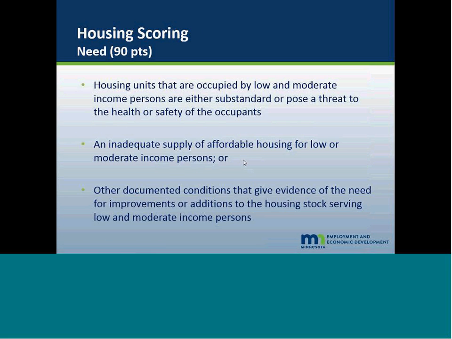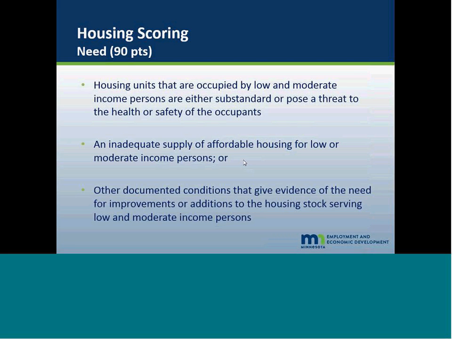With housing scoring, for need, which is the first category, there's a maximum of 90 points. A narrative should elaborate on housing units that are occupied by low and moderate income people, if they're substandard units, or pose a threat to the health and safety of the occupants.